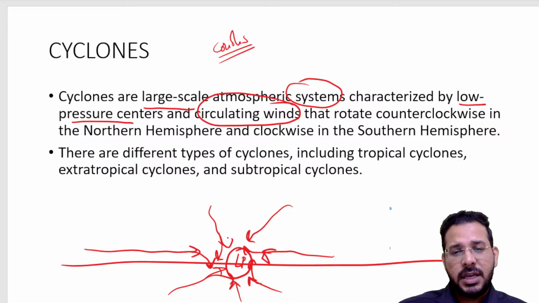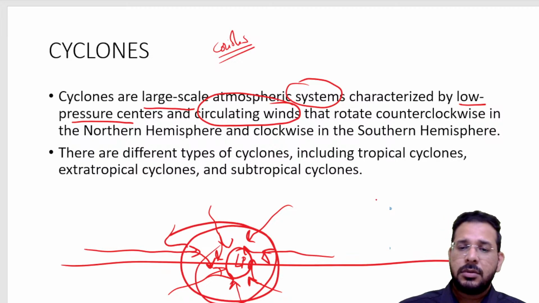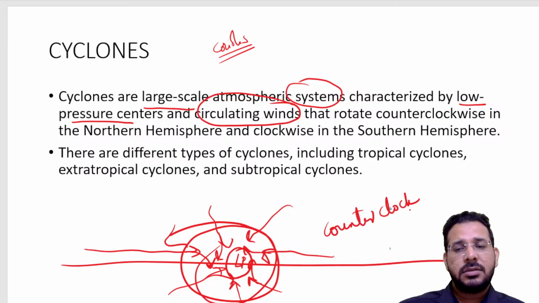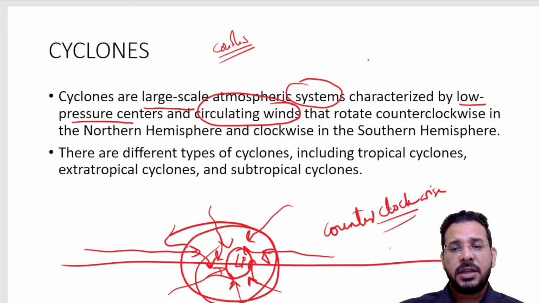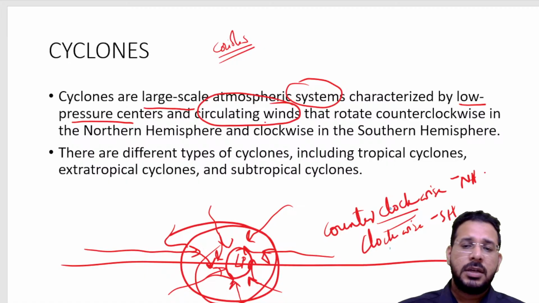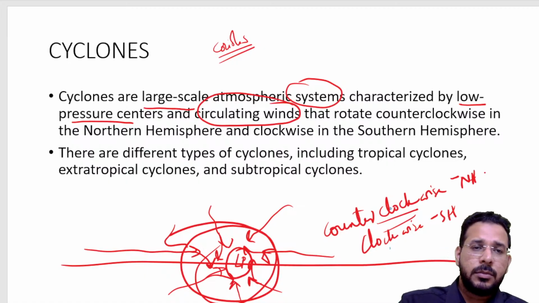In this way, the cyclone will rotate like this. So, this is counter clockwise rotation. Whereas in the southern hemisphere, they will rotate in a clockwise direction. In northern hemisphere counterclockwise, in southern hemisphere clockwise.